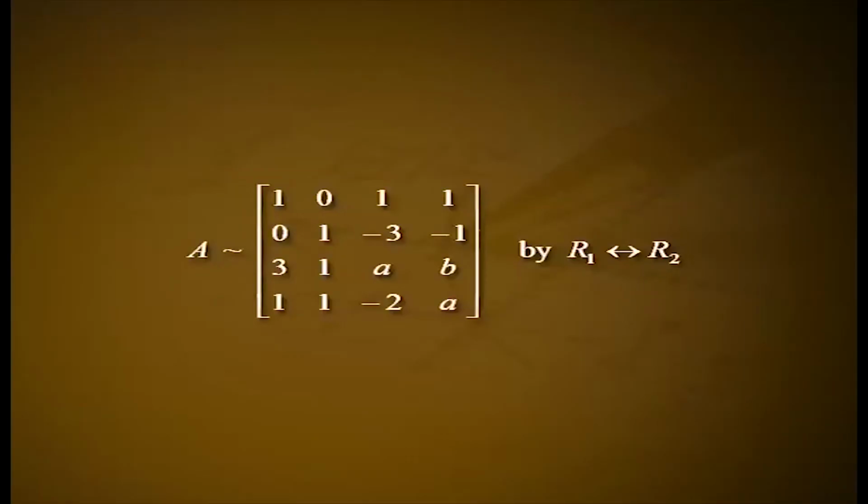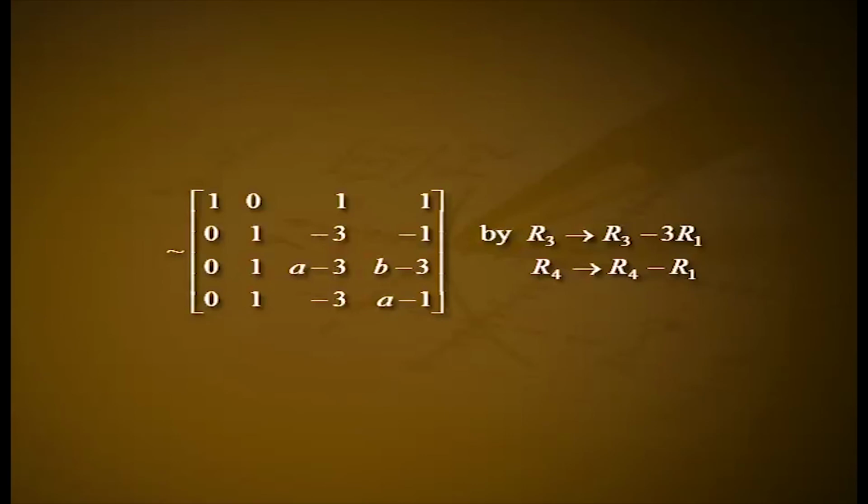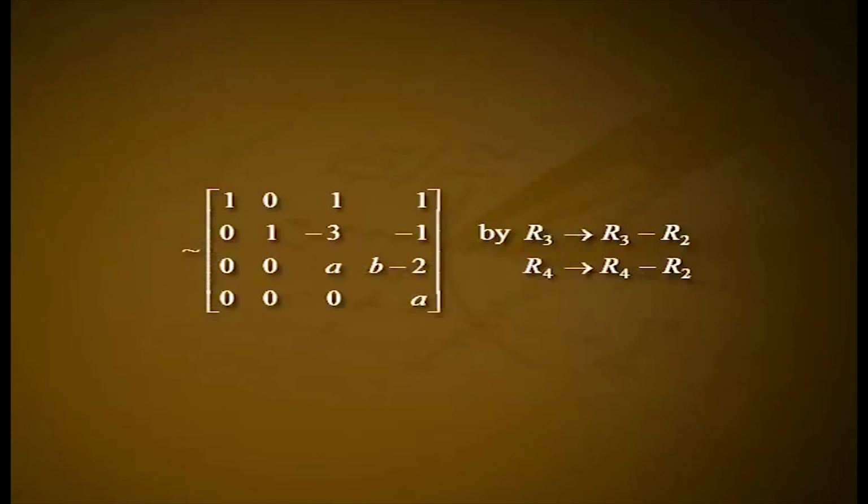A is equivalent to [1 0 1 1; 0 1 -3 -1; 3 1 A B; 1 1 -2 A] by R1 changes to R2, which is equivalent to [1 0 1 1; 0 1 -3 -1; 0 1 A-3 B-3; 0 1 -3 A-1] by R3 changes to R3 - 3R1, R4 changes to R4 - R1, which is equivalent to [1 0 1 1; 0 1 -3 -1; 0 0 A B-2; 0 0 0 A] by R3 changes to R3 - R2, R4 changes to R4 - R2.